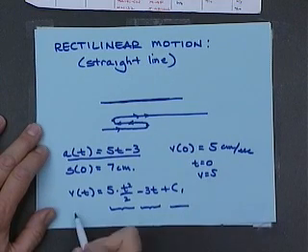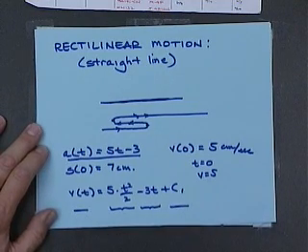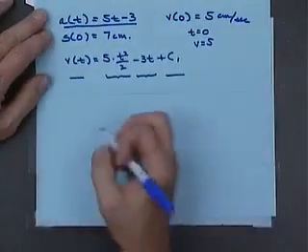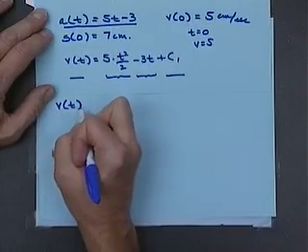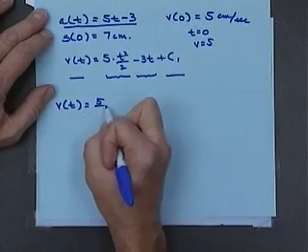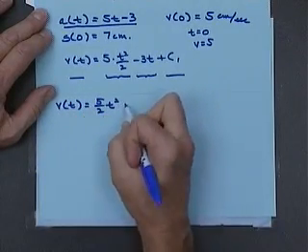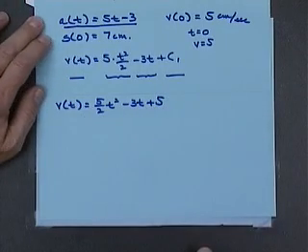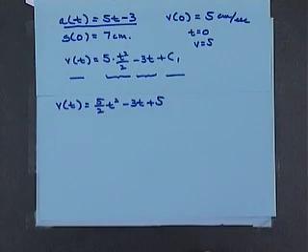So it means the constant has got to be 5. So at this point, we know the velocity function is that.